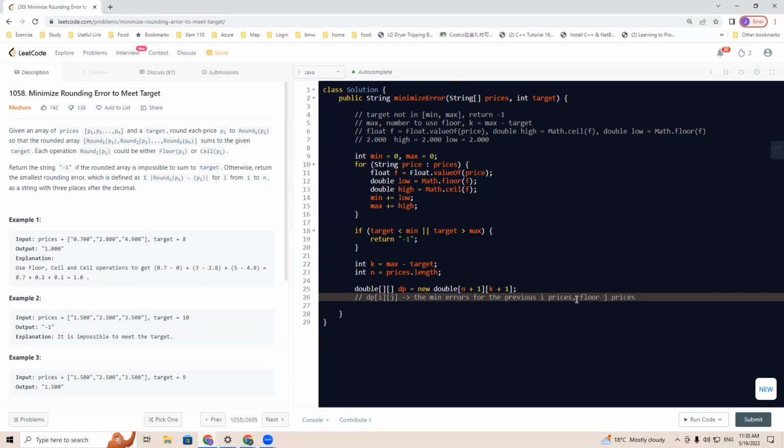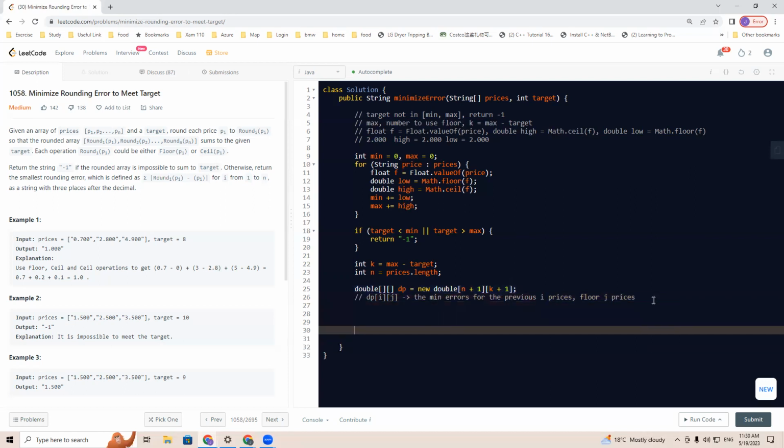So for the previous i prices, we floored j prices, and this is the minimal error. This defines the two-dimensional array dp. What we are going to return is dp[n][k]. That means for the previous n prices, we floor k prices, the minimal errors. Of course, we want to convert this one to a string.